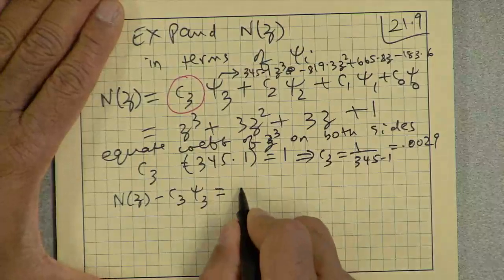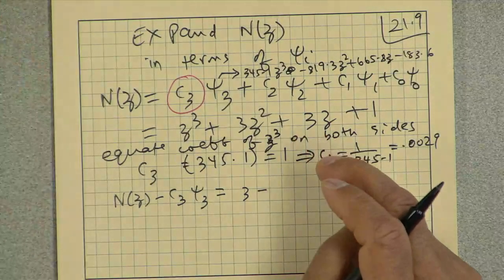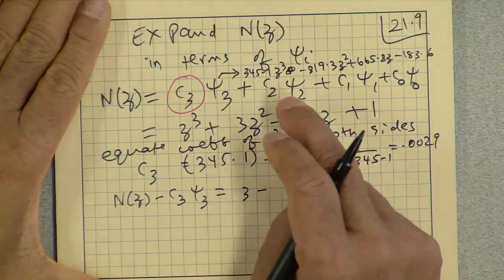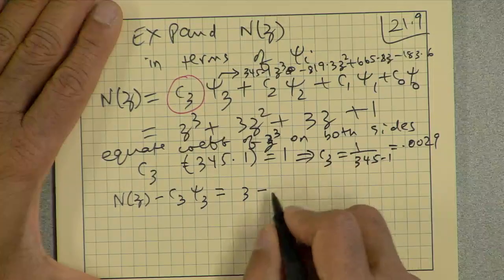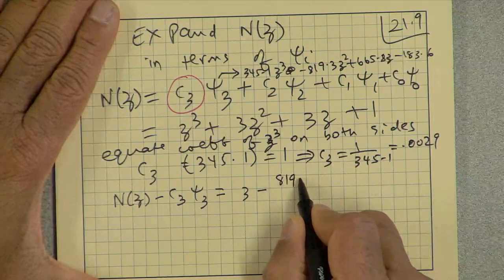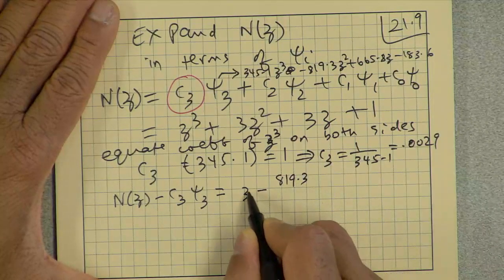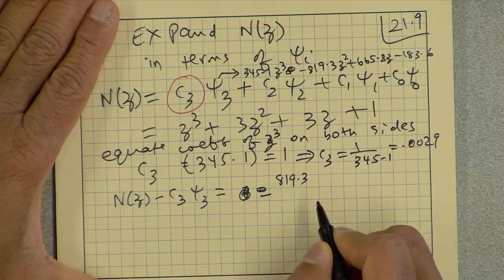And this is going to be 3z squared minus, so 819.3.